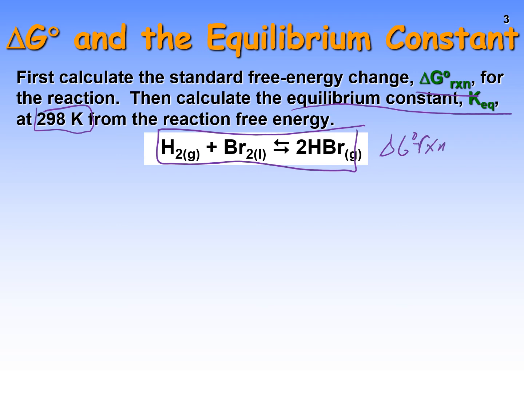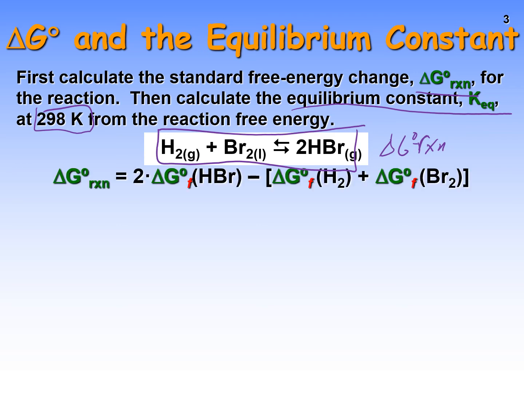Now I know that that's equal to products minus reactants of my delta G naughts of formation, all that fun stuff. So I need to look up all my delta G naughts of formation. But luckily these two are 0 because they're elements in their standard state. So really all I need to look up is my delta G naught for HBr.